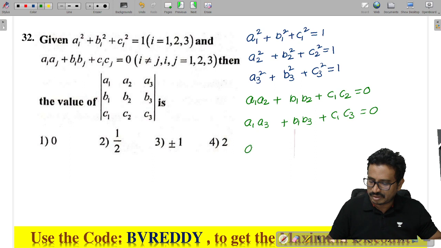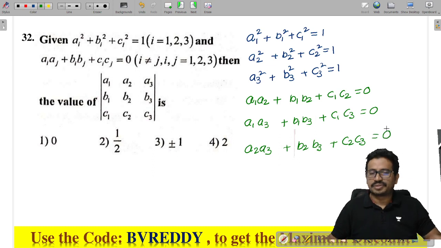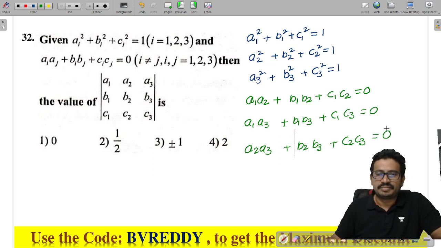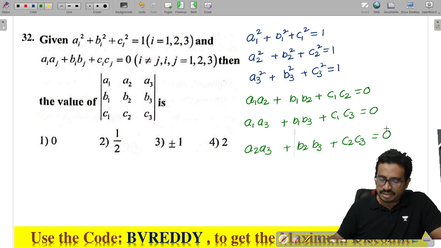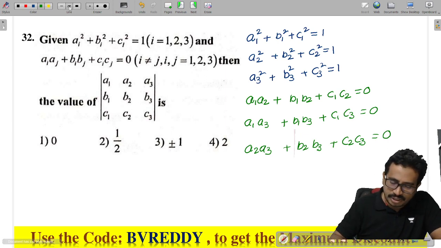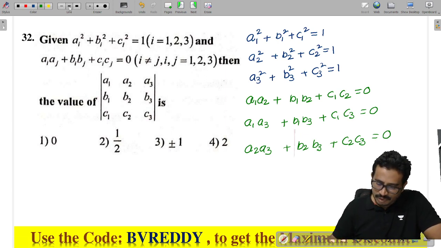Next, a2 a3 plus b2 b3 plus c2 c3, which is also equal to 0. They have given it like that. Now look carefully. They are asking to find the determinant of the matrix.